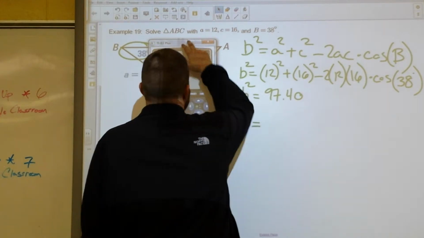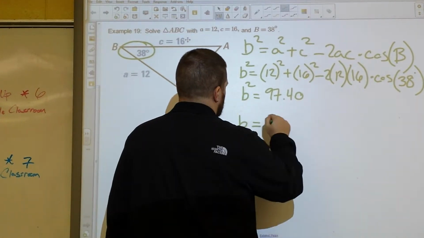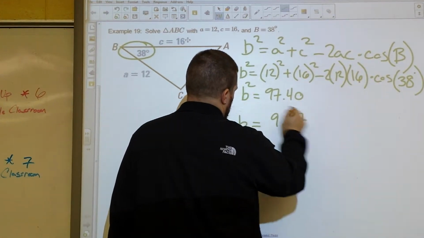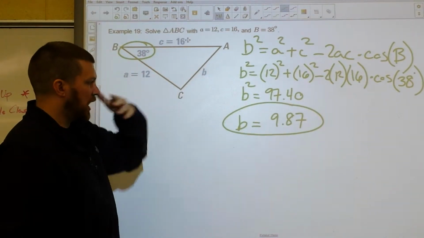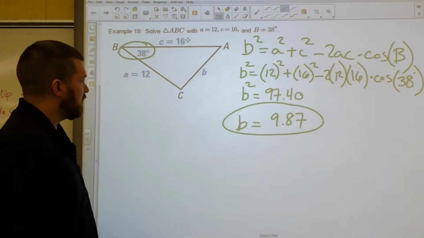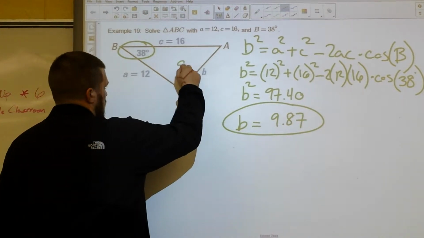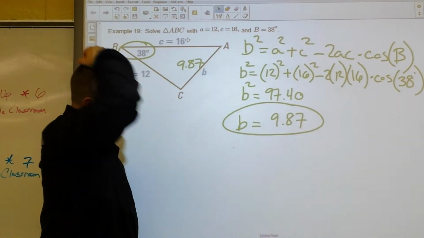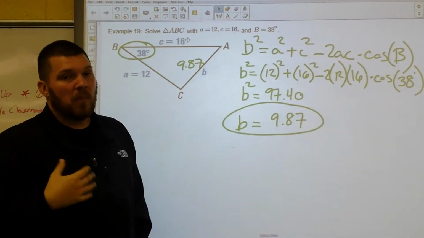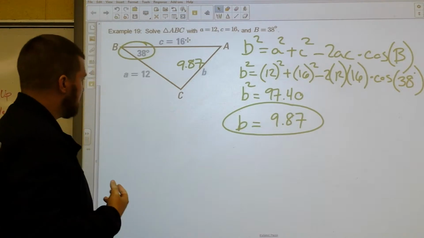Again, I'm rounding. Okay, so 9.87. Actually, I will go ahead and plug it in my picture. So 9.87 right here. You've got to keep in mind that's rounded, so since I rounded there, it might affect my other answers as I solve.